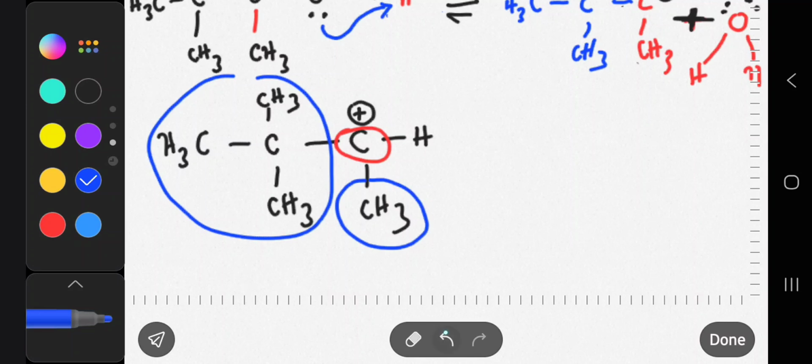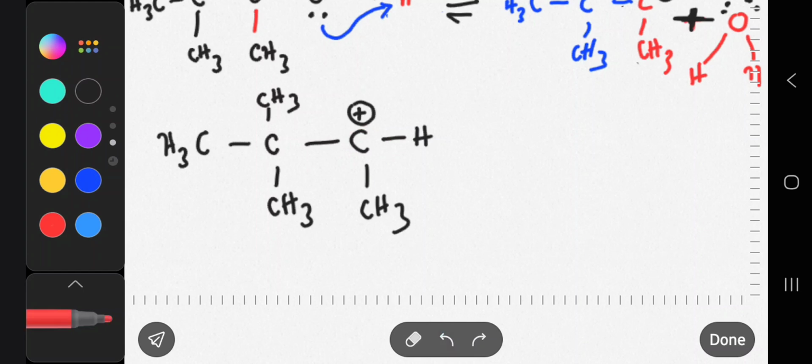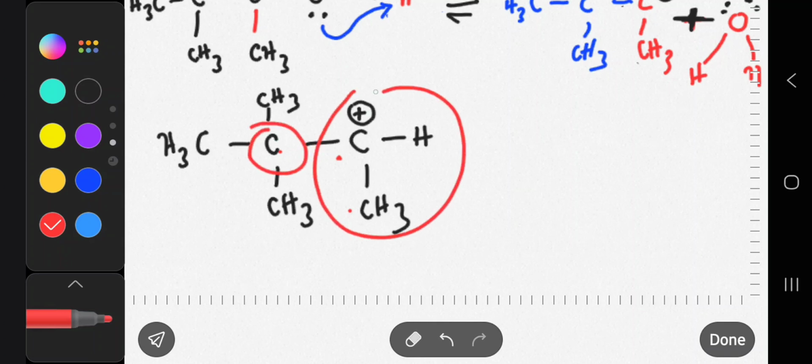Now let's look at the next carbon. This is 1, this is 2, this is the third one, right? Now this third one is attached to this one, is attached to this, it's even attached to this and this. So it's attached to like 4. This is more like an ordinary carbon here.